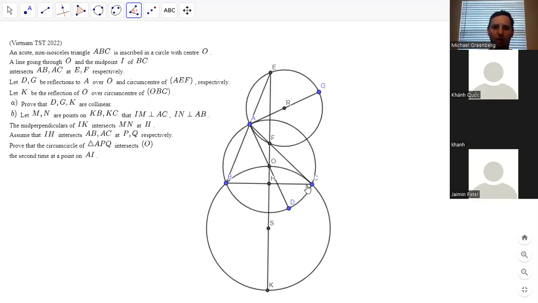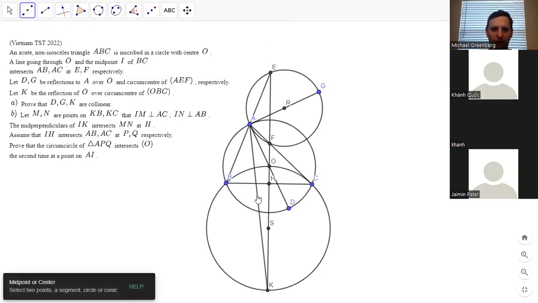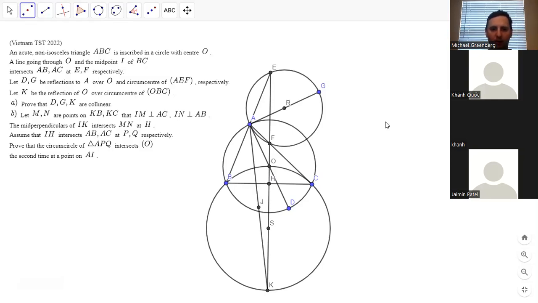So what if we did a homothety with factor 1/2? That would mean if we take the midpoint of AK, then we want to show that RO and that point are collinear. So can we show that RO and J are collinear? That would be another way to do it. RO is the line between the two centers.